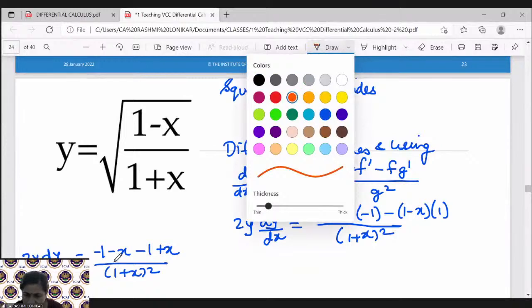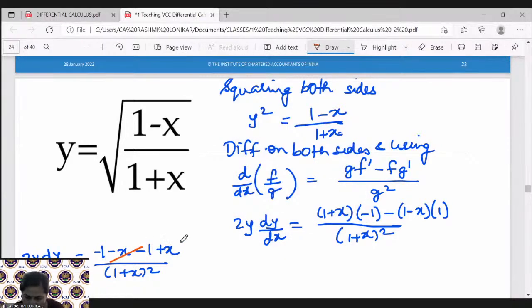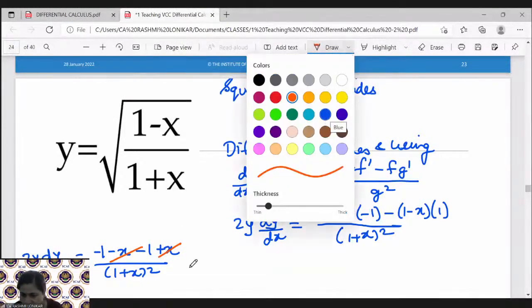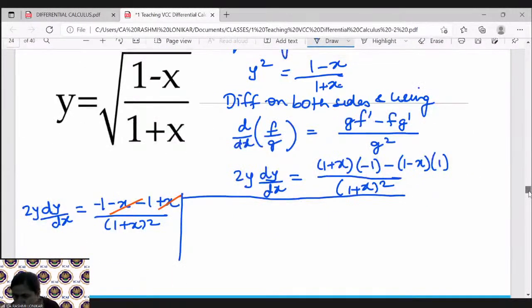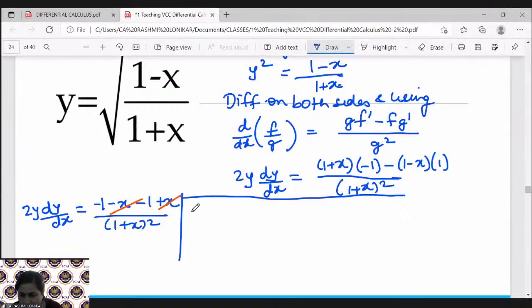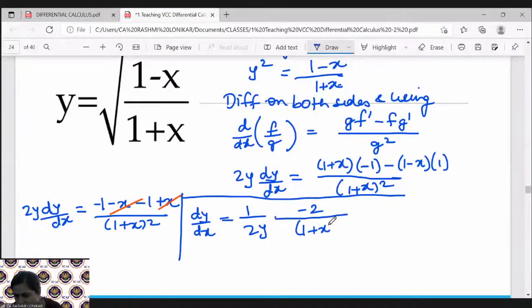So what will happen? This minus x will cancel with plus x. So what is left here is dy by dx is equal to 1 upon 2y into minus 2 upon 1 plus x square.